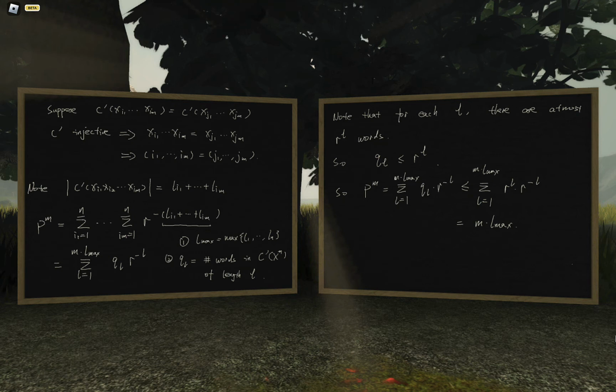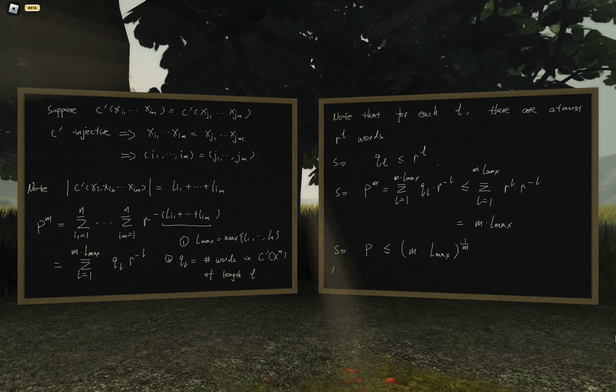Then we take the mth root. So we know p is less than or equal to this. And remember, our n is any natural number.